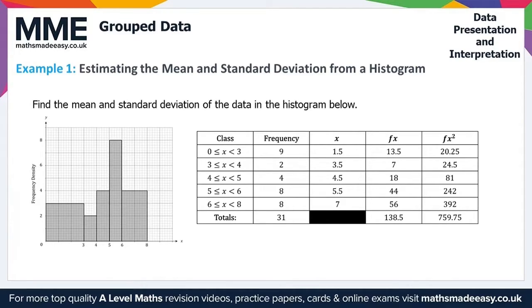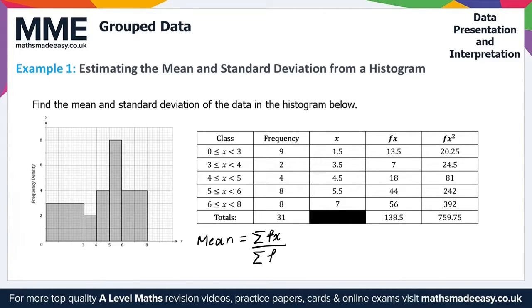Now all we need to do is use our formulas to find the mean and standard deviation. For the mean, that's simply equal to sigma fx divided by sigma f.